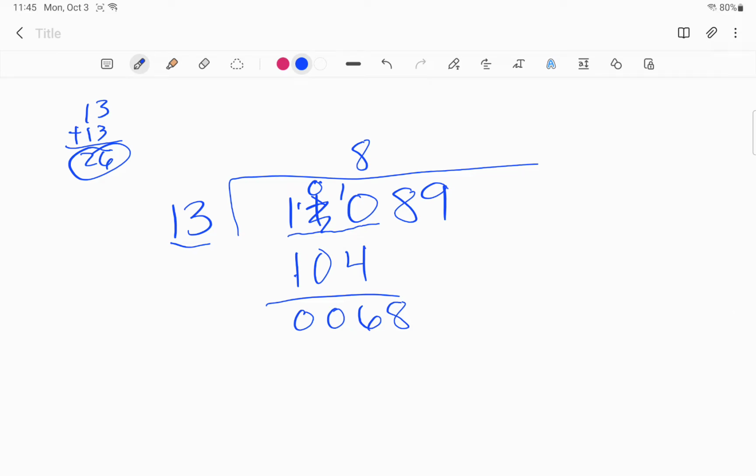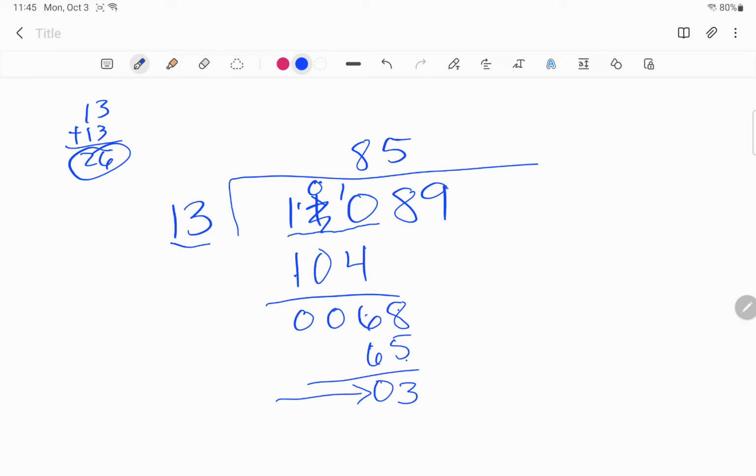And I can do 68 divided by 13 equals 5. So 5 times 13 equals 65. We go ahead and we'll subtract 8 minus 5 equals 3. 6 minus 6 equals 0.